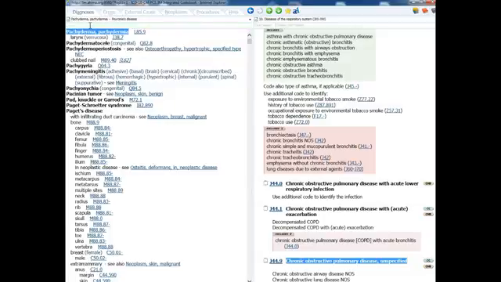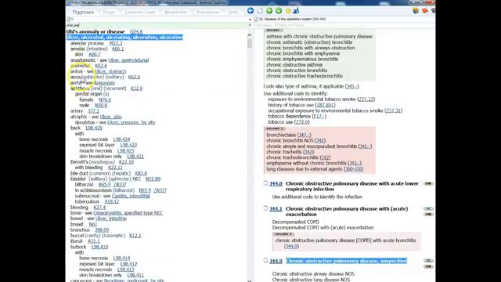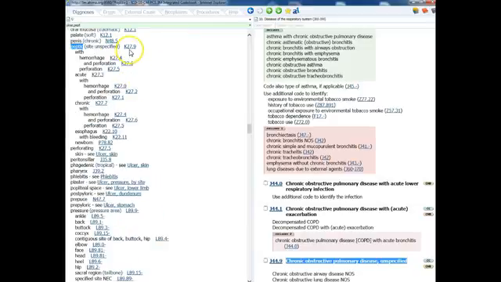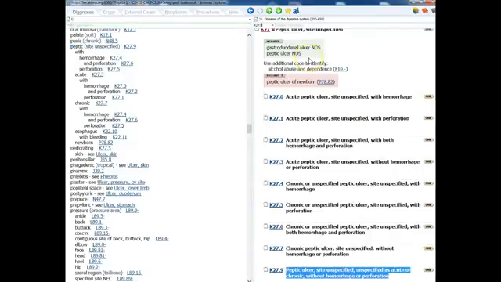So we'll do ulcer and then peptic, maybe. K27.9. And of course we verify that in the tabular. Peptic ulcer, site unspecified. Unspecified as acute or chronic. And we don't have acute or chronic documented with our peptic ulcer disease.